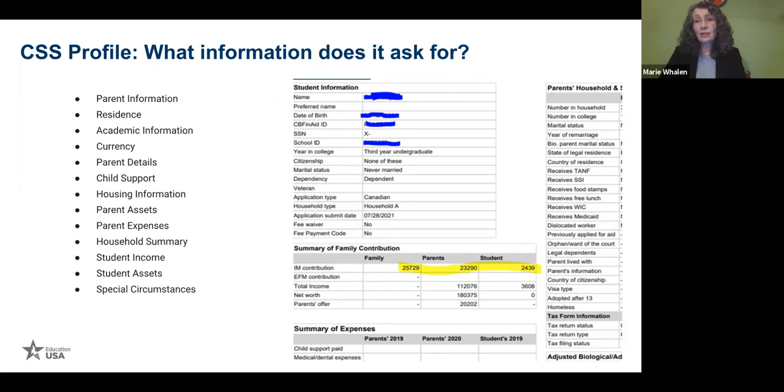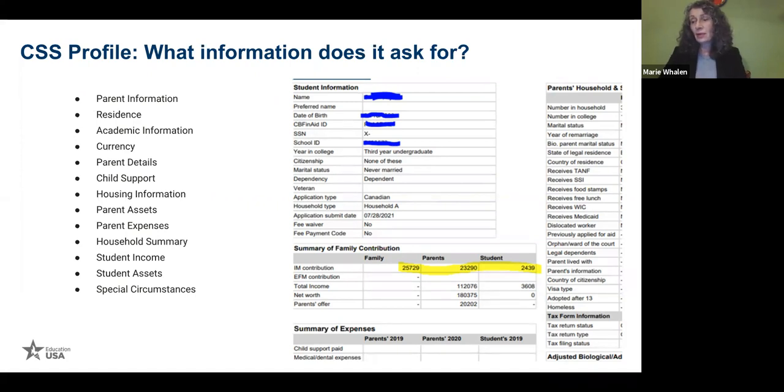Given the high sticker price of colleges and universities in the US, with some costing more than $60,000, more than $70,000 even per year, even families who earn the equivalent of, say, $200,000 US dollars could qualify for need-based aid at some institutions.